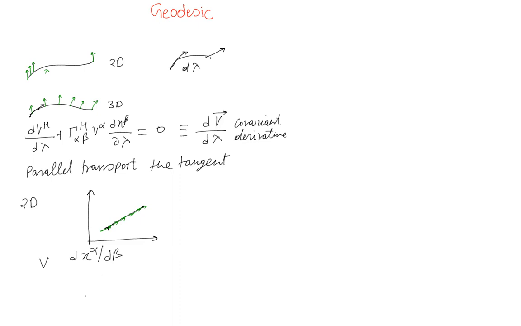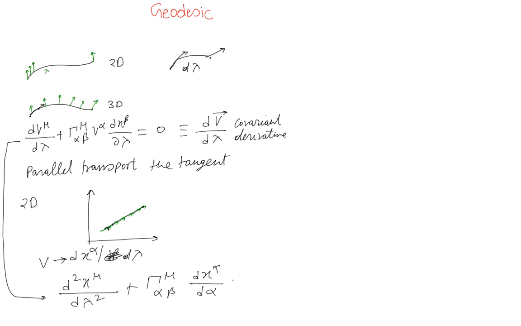As a matter of fact, this equation will become d square x mu over d lambda square plus the Christoffel symbol mu alpha beta times dx alpha over d lambda and dx beta over d lambda equals 0.